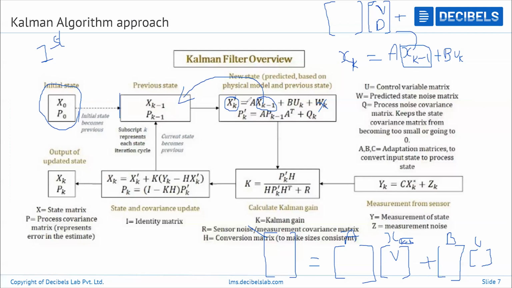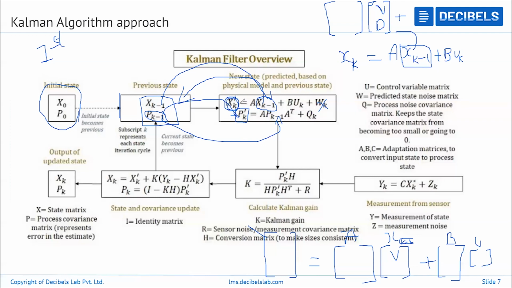Once you initialize the data, whatever data you put over here is going to go here and you are going to predict the estimate. You are also going to initialize your noise, the covariance matrix, so that also is going to be updated. You can put it over here, and you are going to get the new covariance matrix.